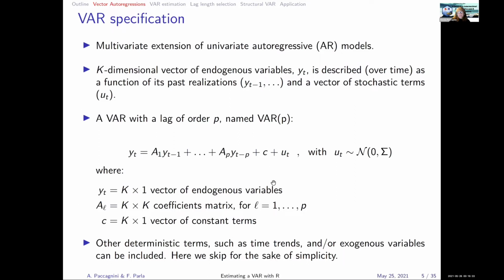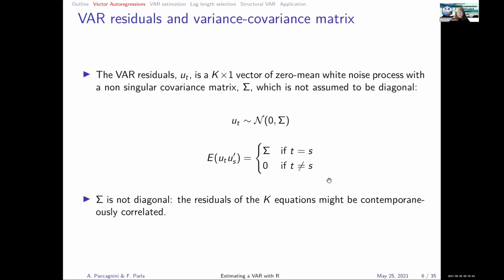In addition, we can include a vector of constants, but last but not least, we have the element u_t. In econometrics this is an error, and in this literature it is called an innovation.